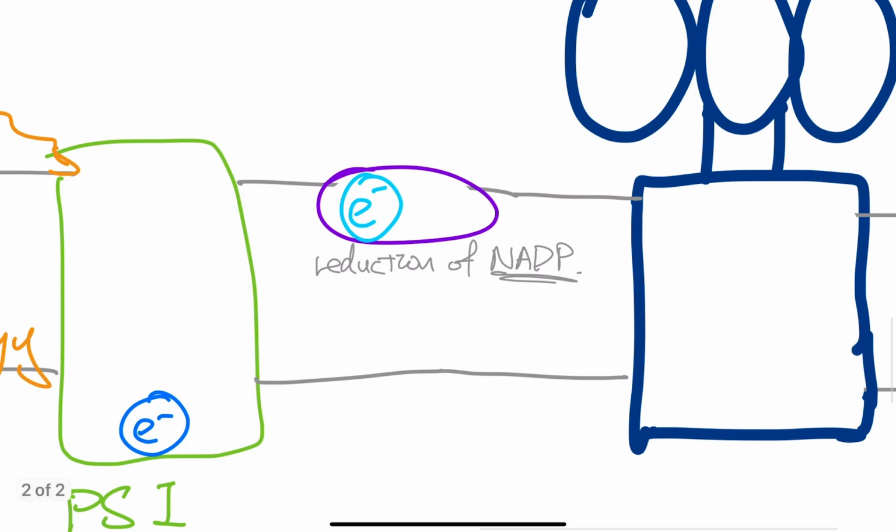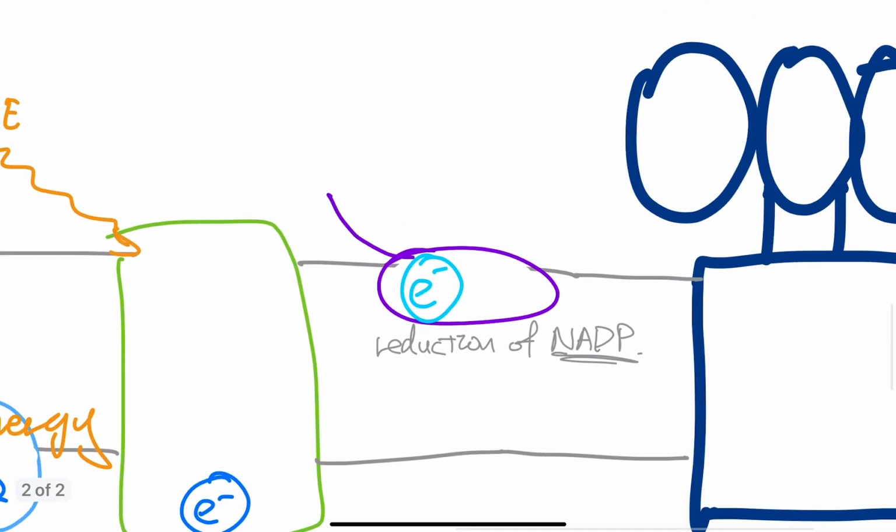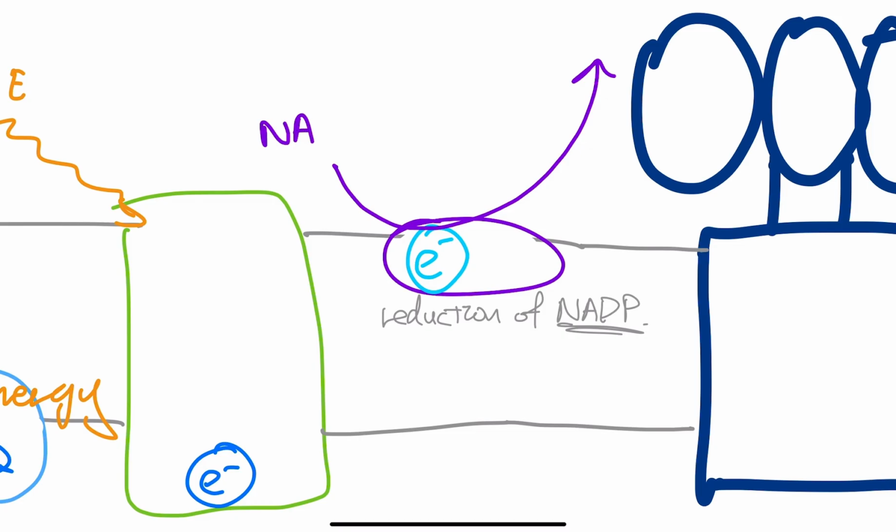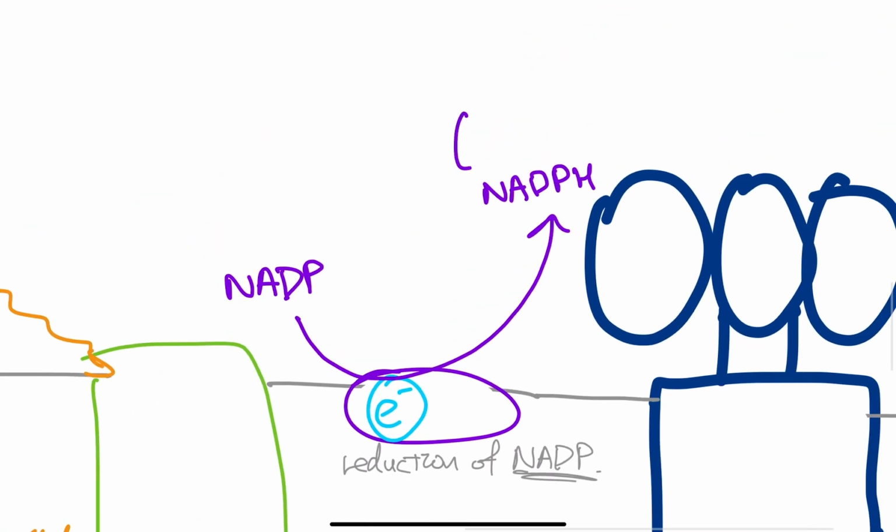So what essentially happens is that a molecule of NADP is going to become NADPH, or reduced NADP.